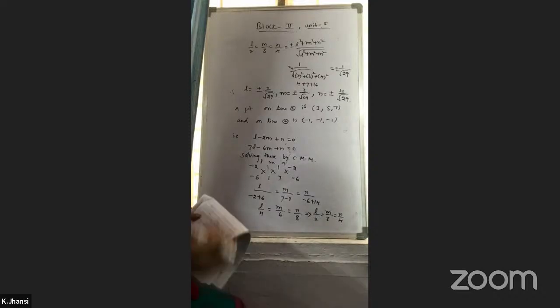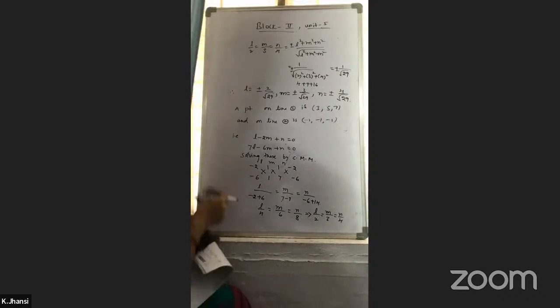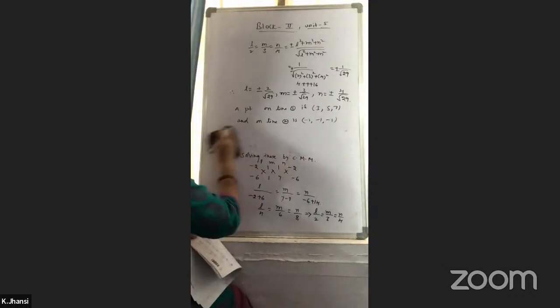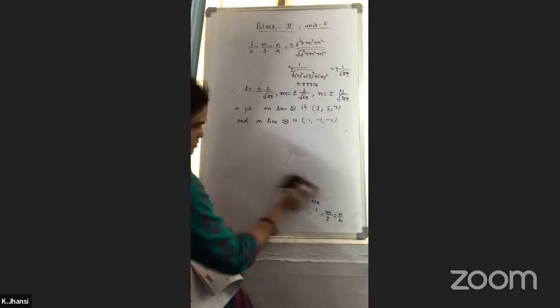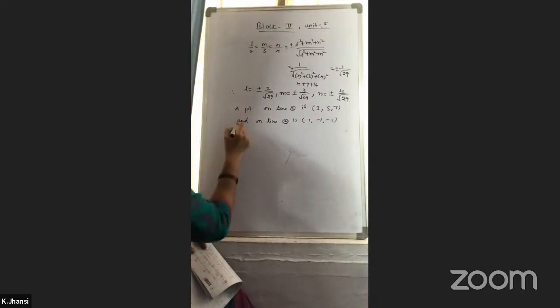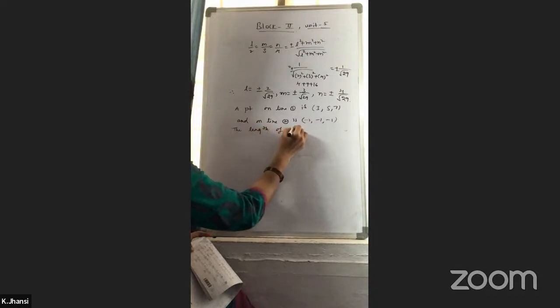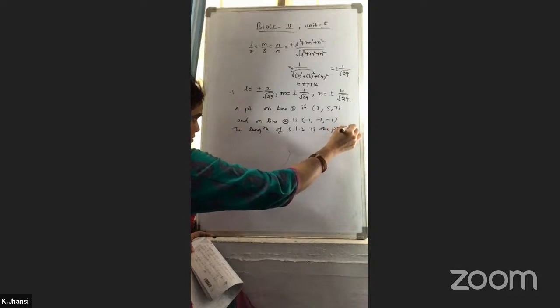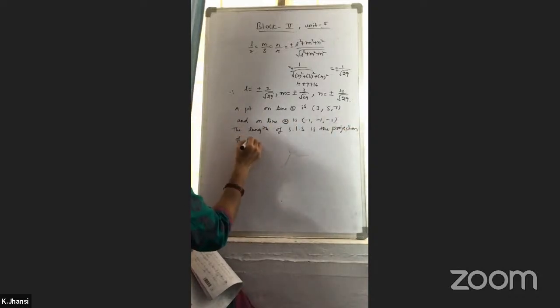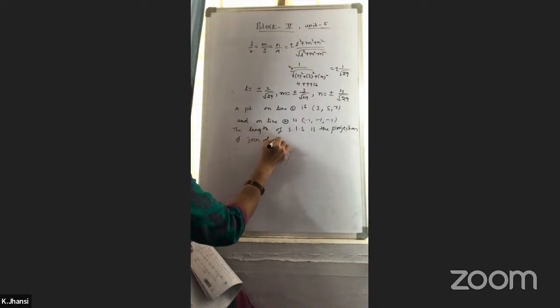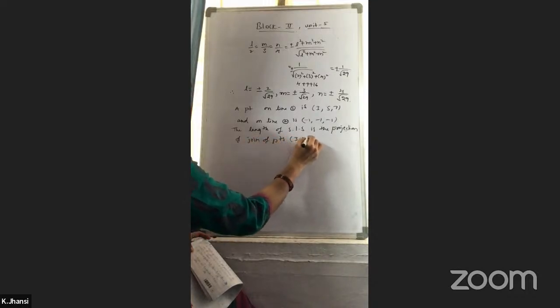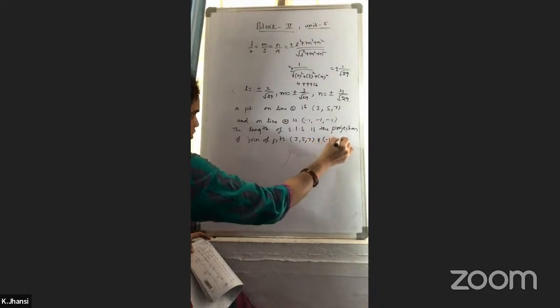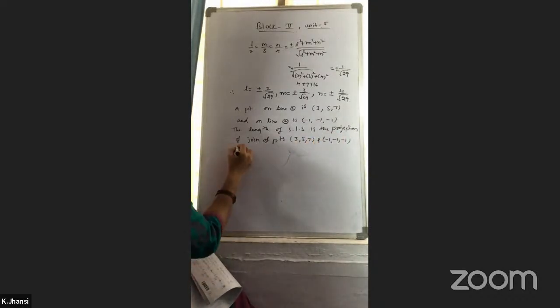The length of the shortest line segment is the projection of the join of points 3, 5, 7 and -1, -1, -1. That is the formula we have for the shortest line segment.